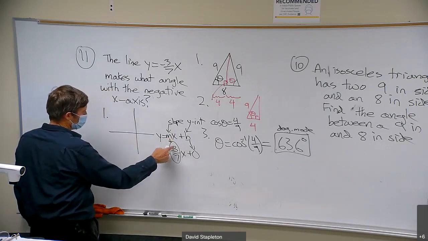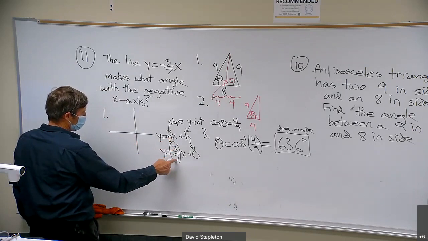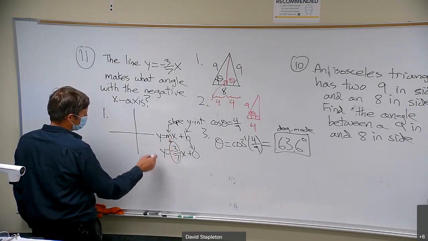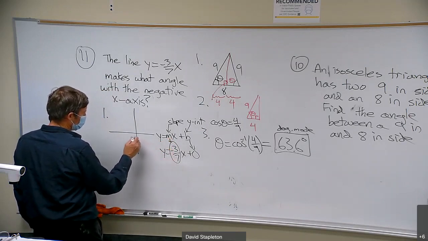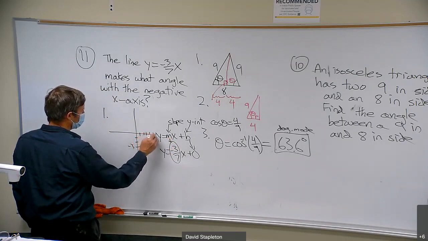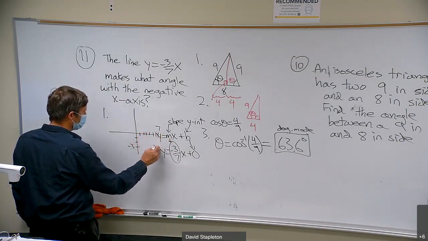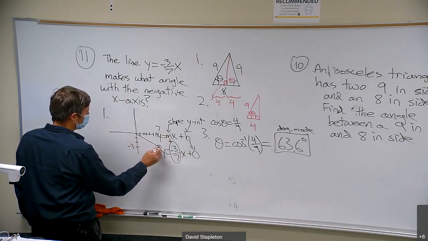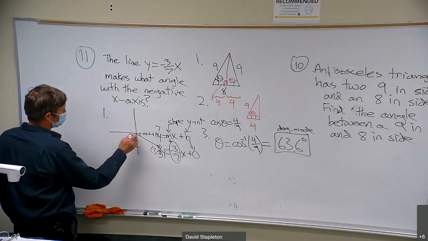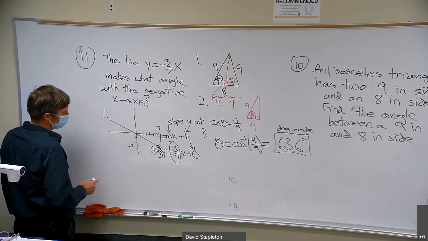So I could consider this the rise of minus 3 when the run is 7. Or I could say it's rise of 3 when the run is minus 7. Let's try it this way. Rise of minus 3. So 1, 2, 3, 4, 5, 6, 7. I scale these equally, but there it is. So if you go through the point 7, minus 3, then that'll give you a slope of minus 3/7, and then it goes back this way also.